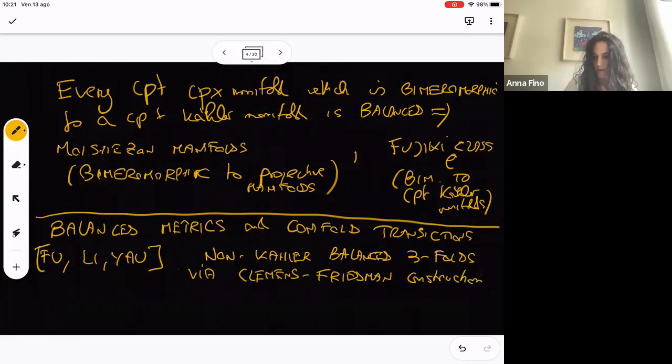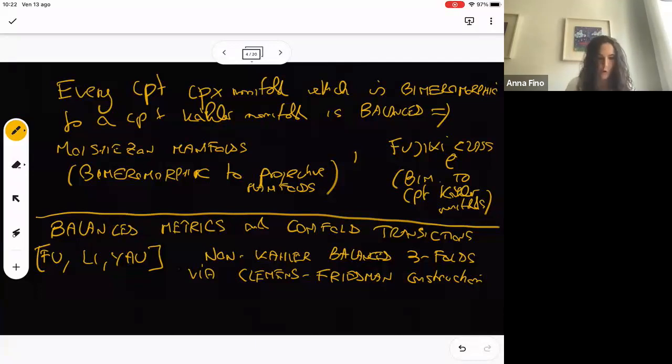I will just say roughly how this construction works, and especially we'll give a nice example of a balanced metric which is non-Kähler. All the compact complex manifolds that will come from this construction will be in general non-Kähler, okay?